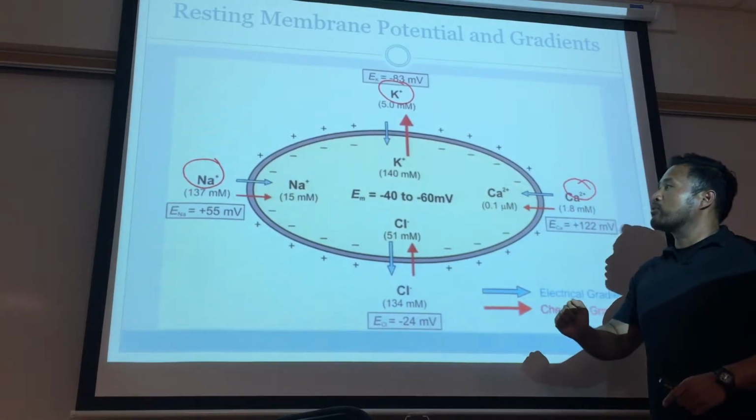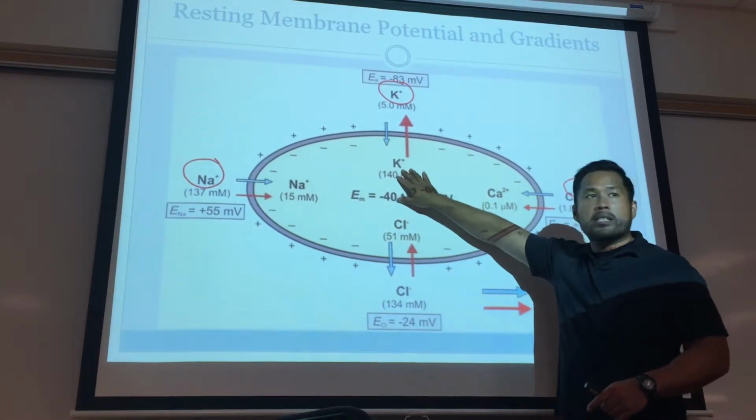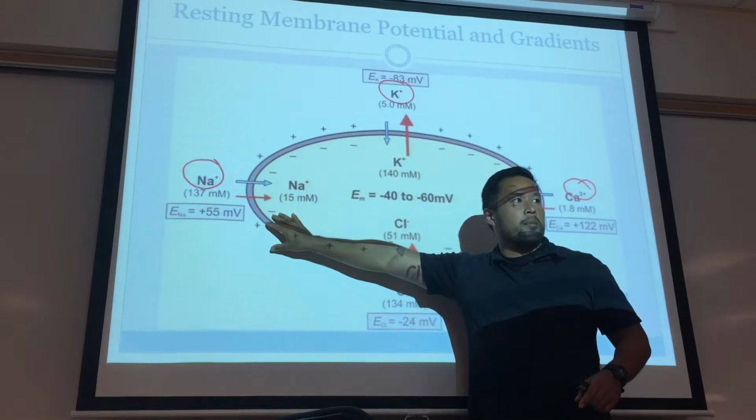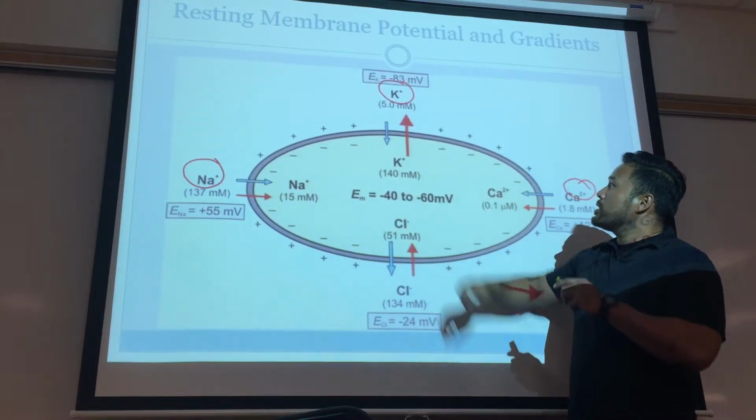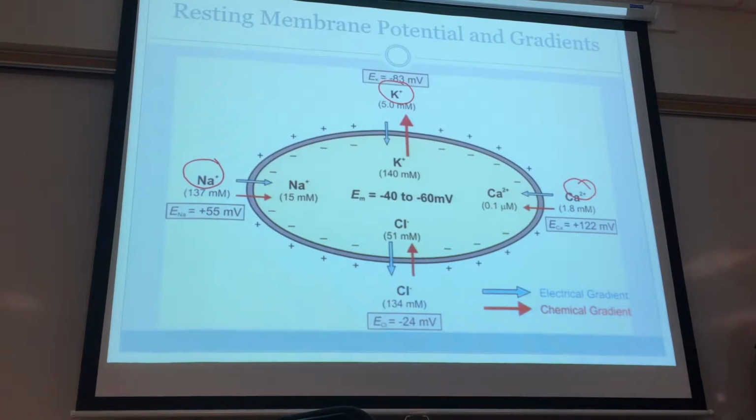Okay. And as those potassium ions move out, we can see that the permeability is higher for potassium than it is for sodium. So we would see that the equilibrium point for potassium, and that was the example that I talked about, where if I were to turn on only the potassium channels, the equilibrium point would be about negative 90 millivolts.